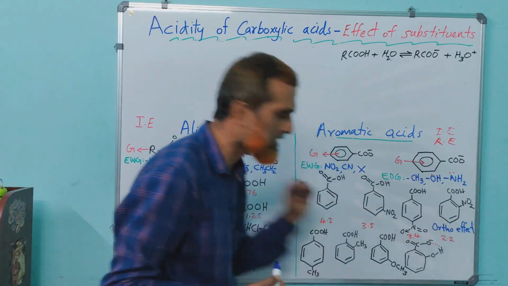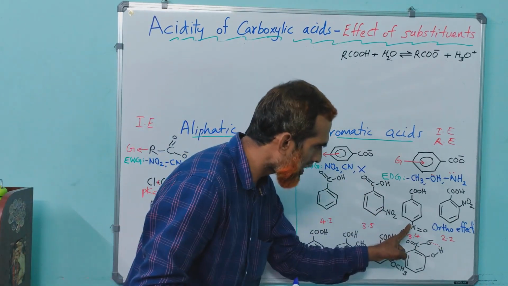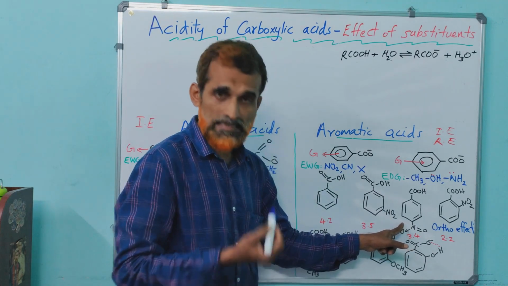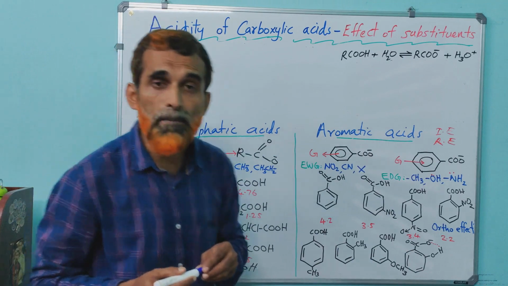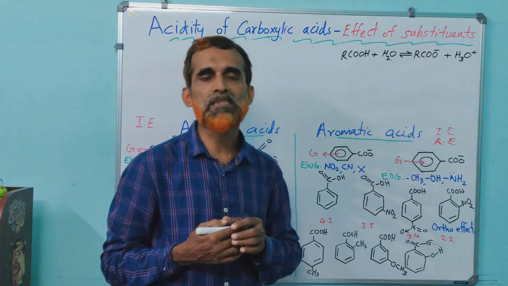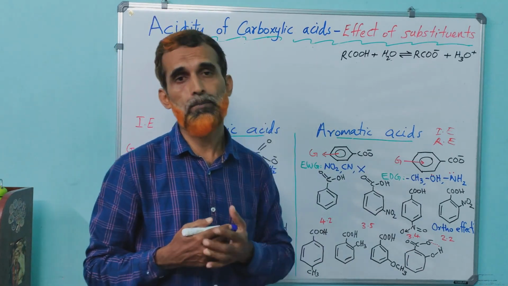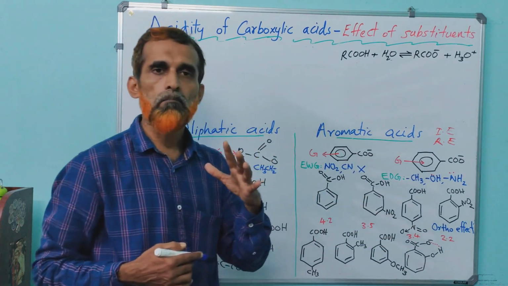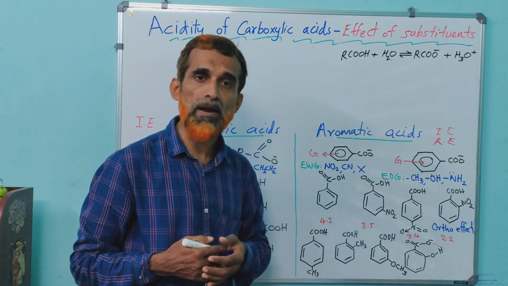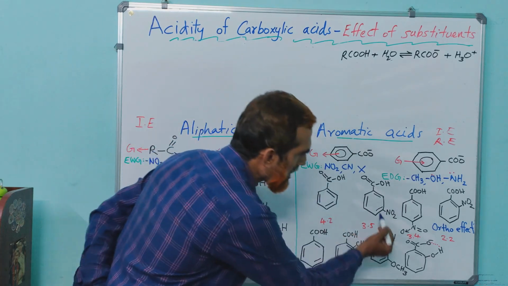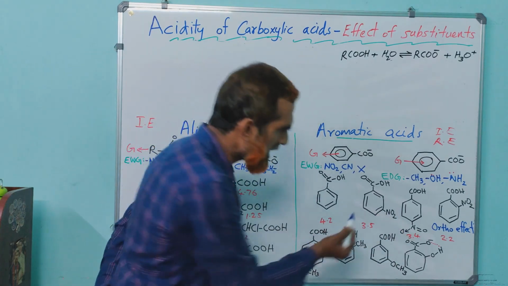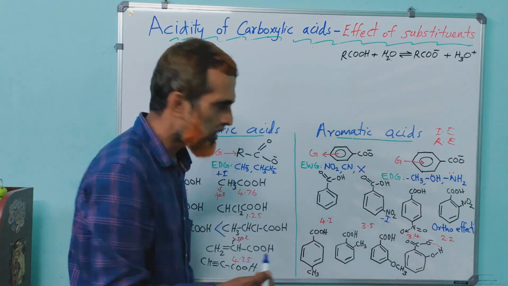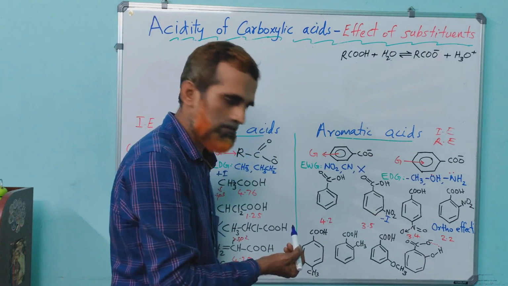Now how do you compare these three? In para position, remember, the resonance effect is predominant when the groups come at ortho and para position, not meta. NO2 group has both minus I effect as well as minus R effect. When it is at meta, it has only minus I effect, and acidity increases.